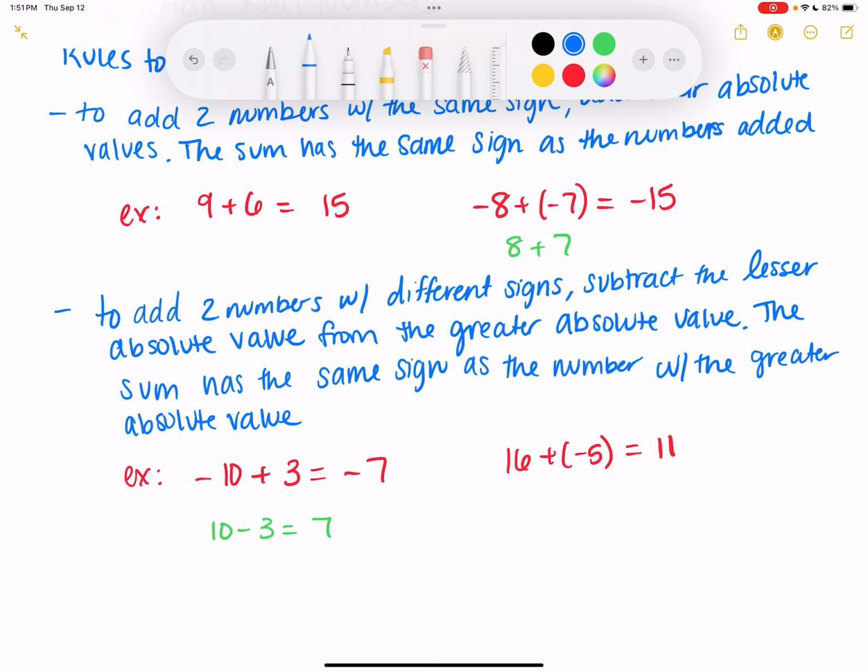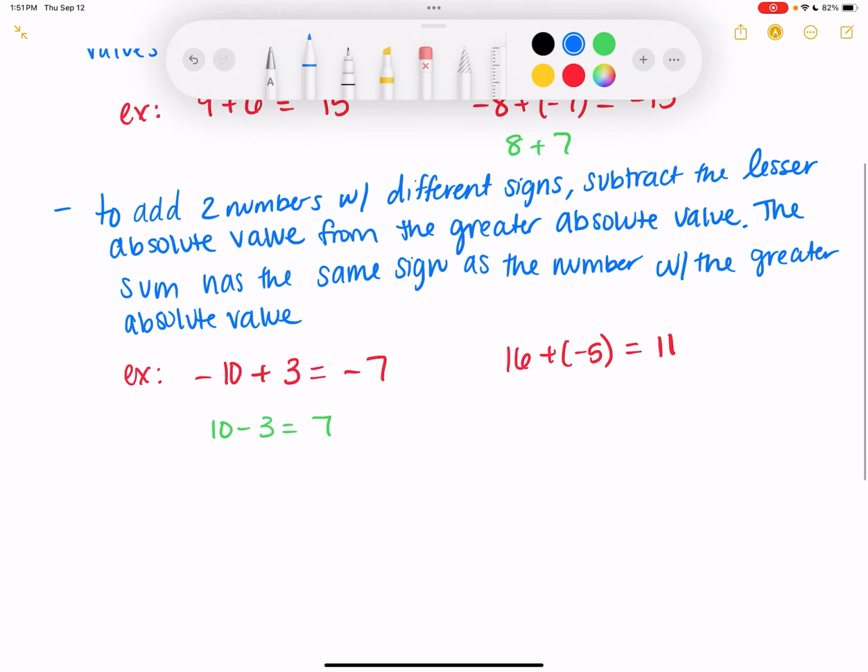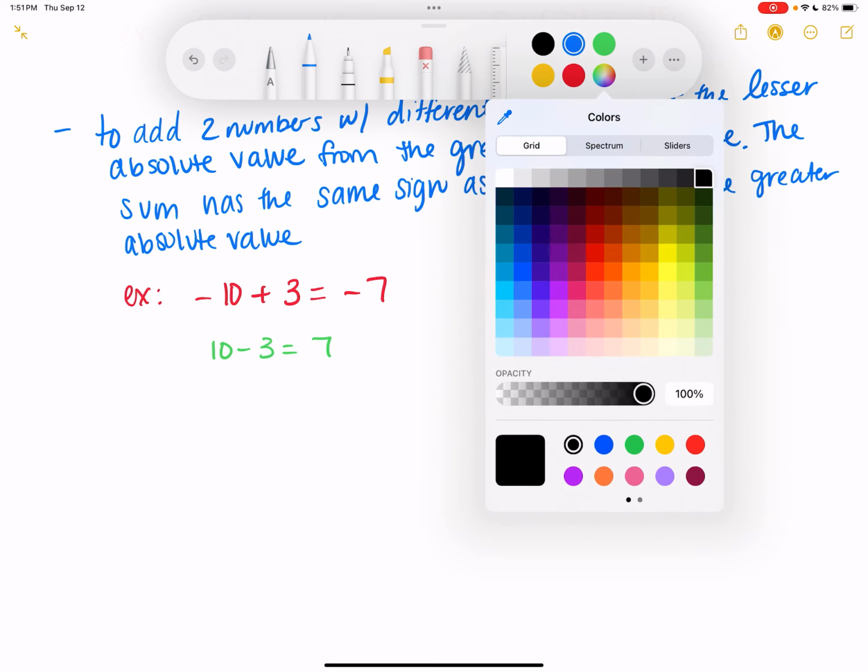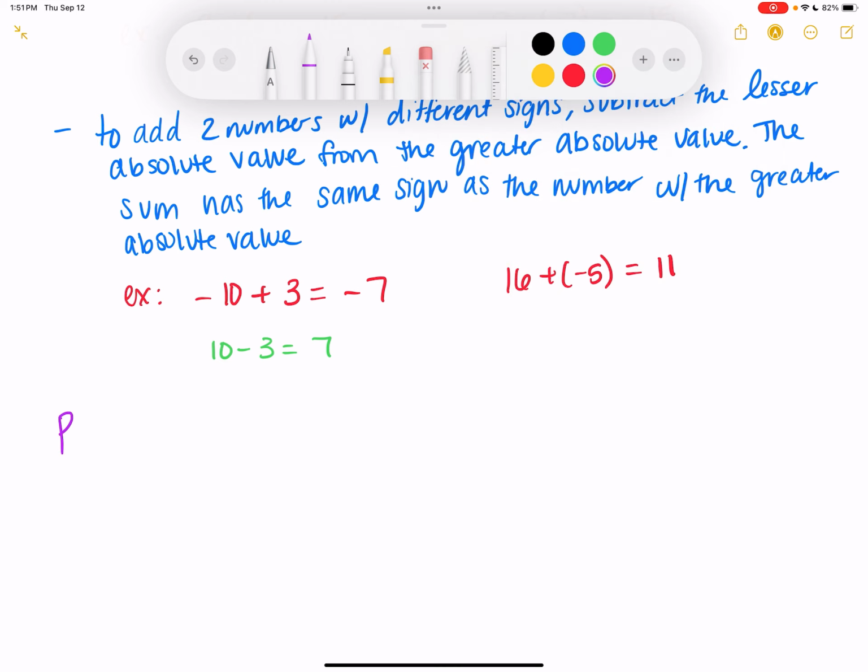Okay. Some properties of addition. So some of the questions are going to ask you which property is being used in that particular statement, so that's why you need to be aware of these.